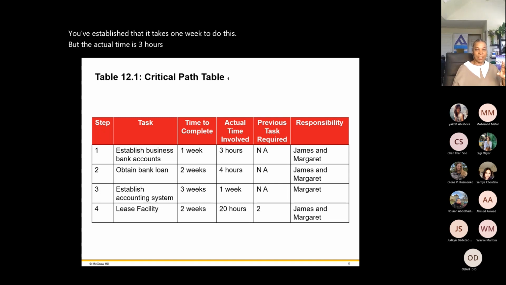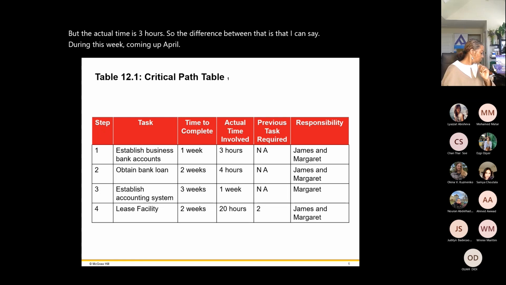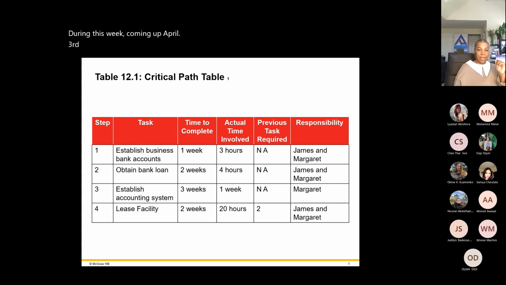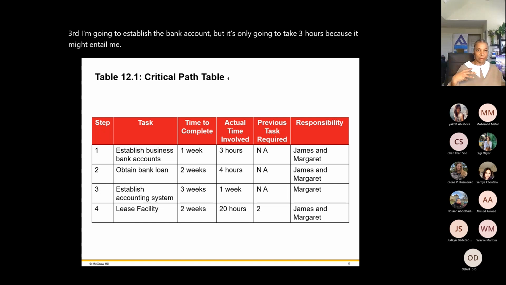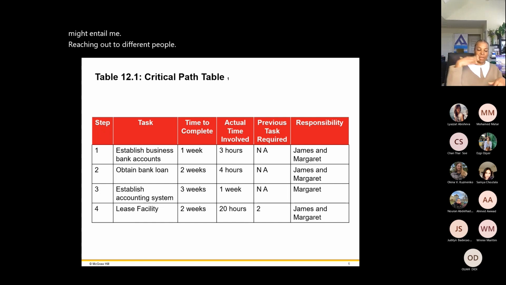So the difference between that is that I can say during this week coming up, April 3rd, I'm going to establish the bank account, but it's only going to take 3 hours because it might entail me reaching out to different people, them communicating back and so forth.